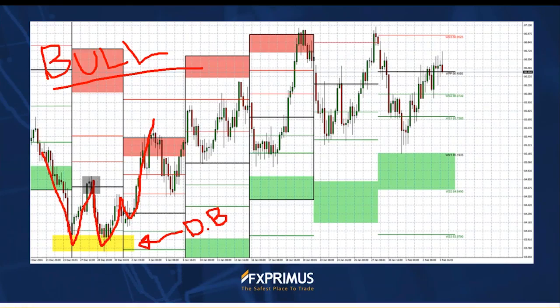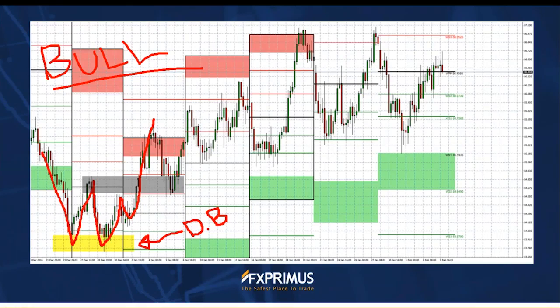Just a bit slow updating. There you go. That there, you see the grey box? That's resistance, right? How do we know it's resistance? Well, we know it's resistance because price was going up, but it stopped and it couldn't go any further.